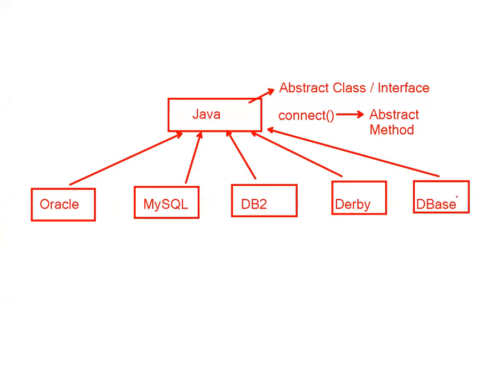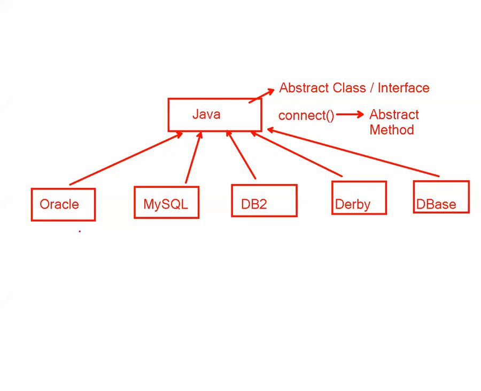Like this we have. Now, abstract class or interface inherited in this class. Is it compulsory to write connect method? Yes or no? Abstract class or interface inherited in Oracle class. Is it mandatory to override this method here? Yes. Compulsory.